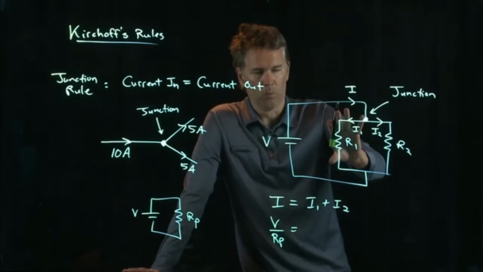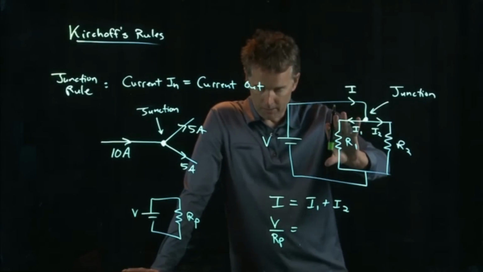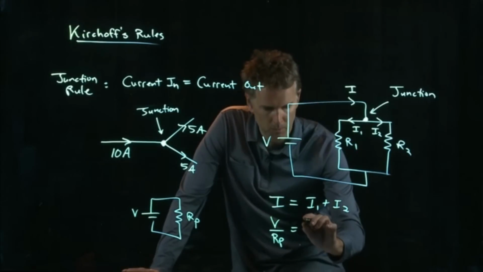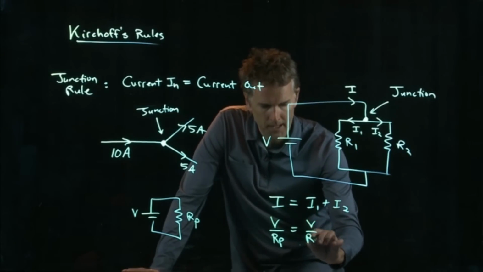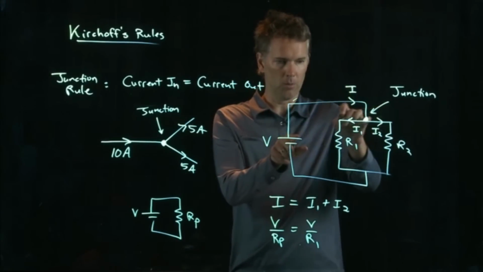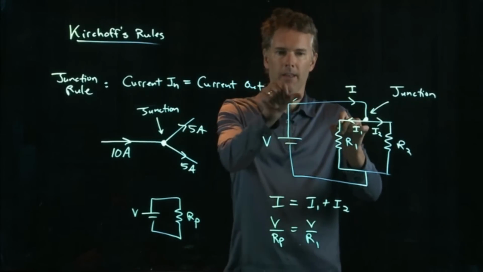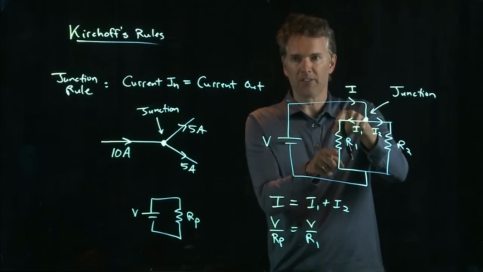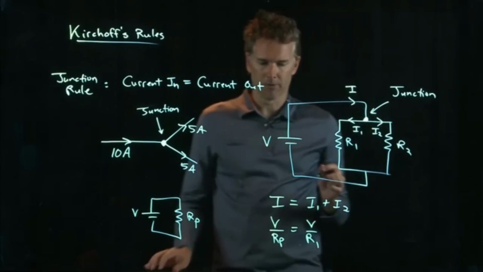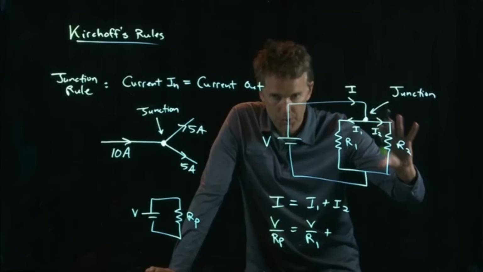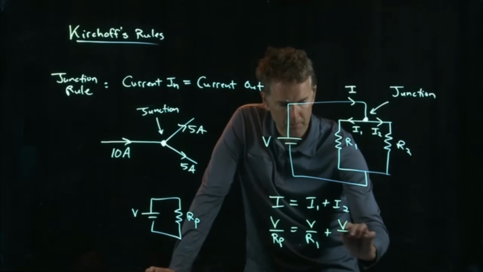I1 is whatever voltage is across R1 divided by R1. But it's the same voltage, right? This is a wire all the way to the top of R1. And so that wire is an equipotential, and so the voltage across R1 is the battery voltage. But likewise, the voltage across R2 is also just the battery voltage.